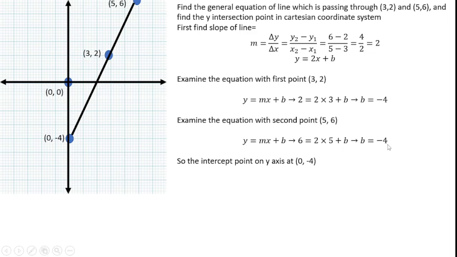Here also I get b is equal to minus 4. So the intercept point on the y-axis is 0 comma minus 4. Likewise, we can get the intersection point value without any graph sheet or graphical method.